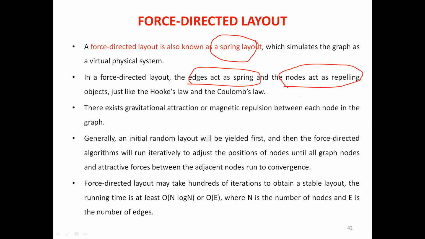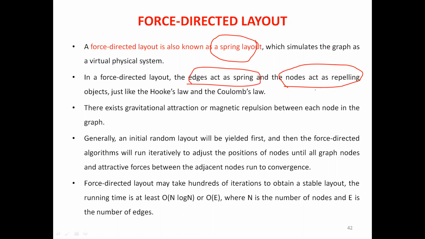In random layout, the nodes are just sprinkled over the plane. That's it. Wherever it can happen, it happens. But the force layout is different. How are the nodes visualized here?